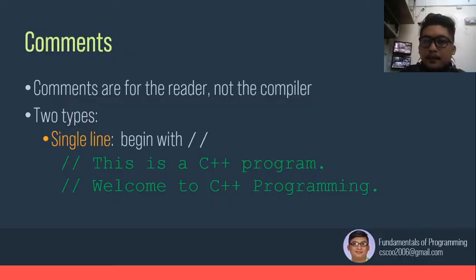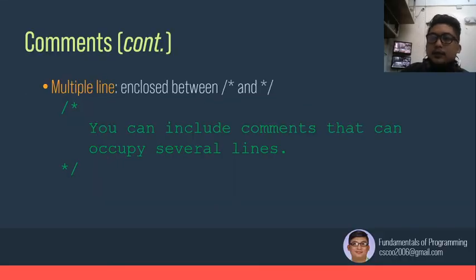Next, you can also use multiple line comments. Just enclose the comment with a forward slash and an asterisk to open it, and an asterisk and another forward slash to close it. Use it properly, because those are the rules of writing multi-line comments.